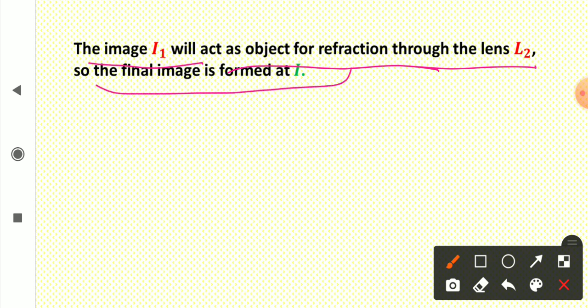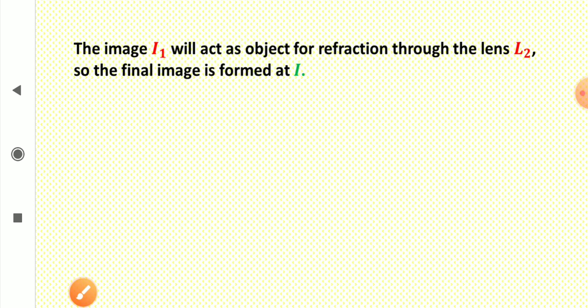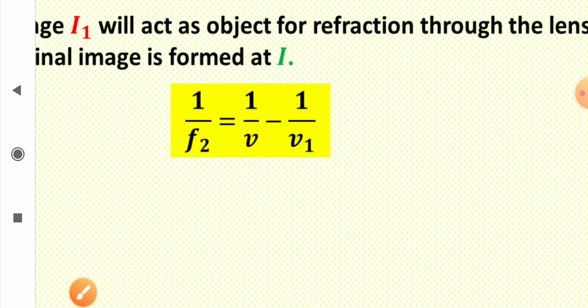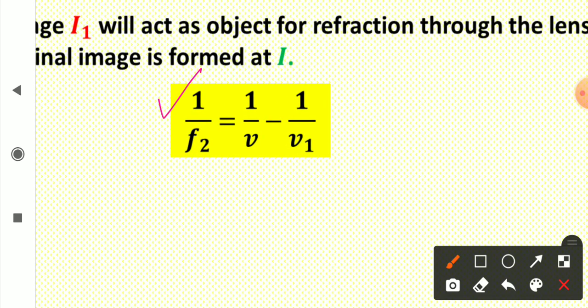So the final image is formed at I, and now the lens formula: 1 upon f2 for the second lens is equal to 1 upon v, where v is the image distance, minus 1 upon u.